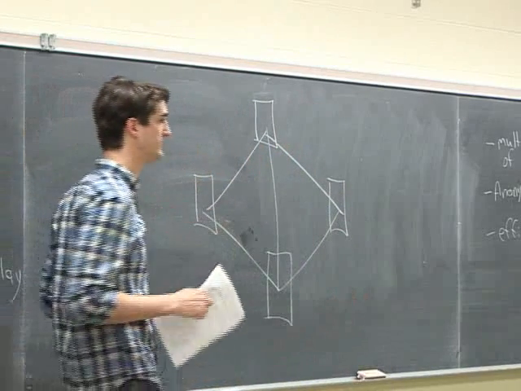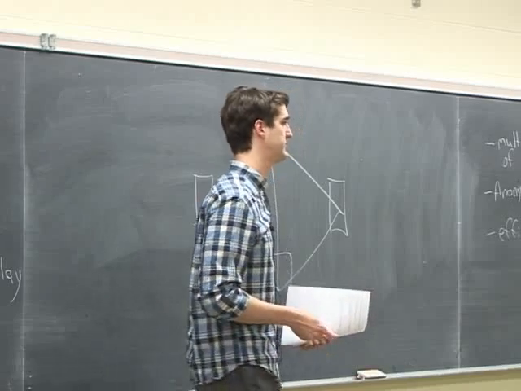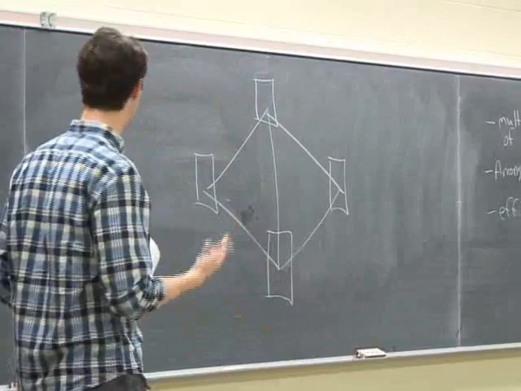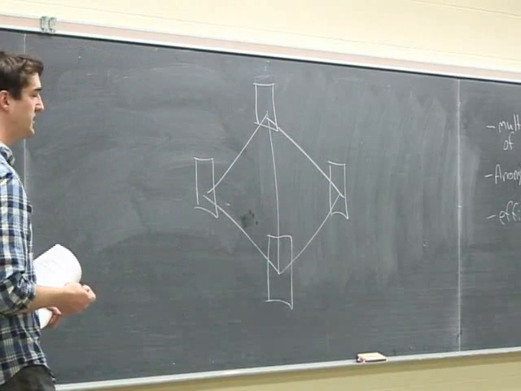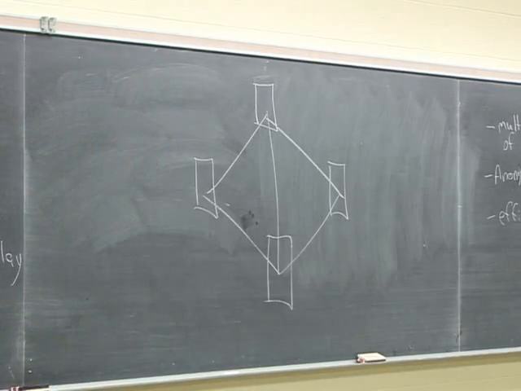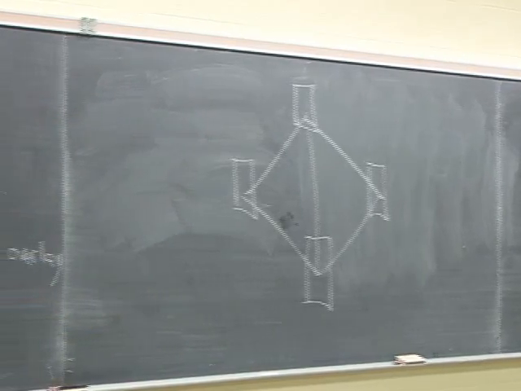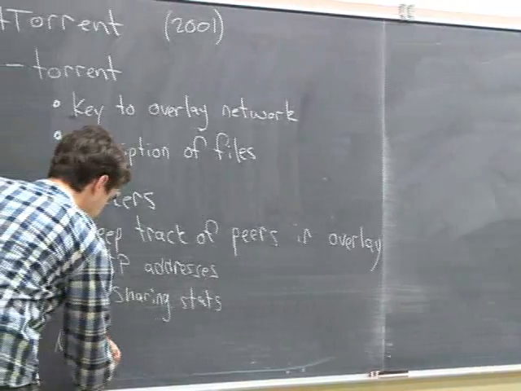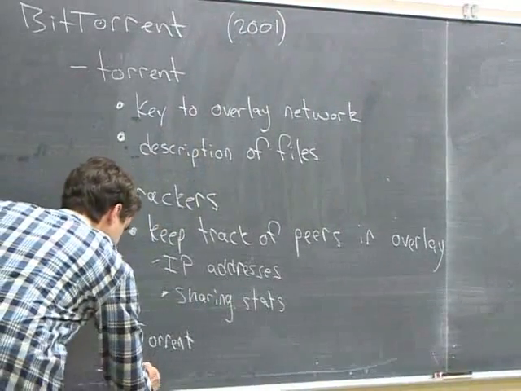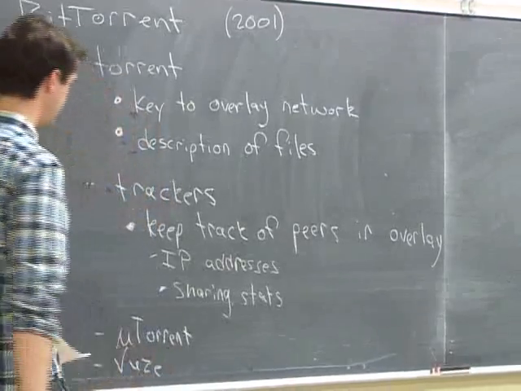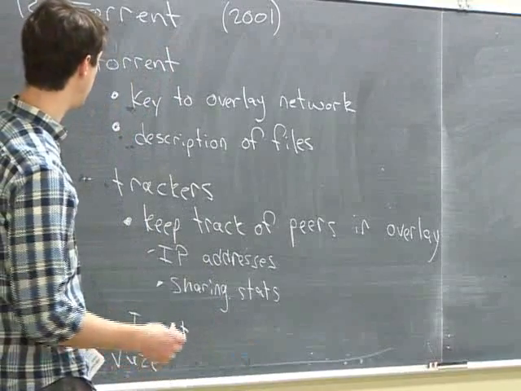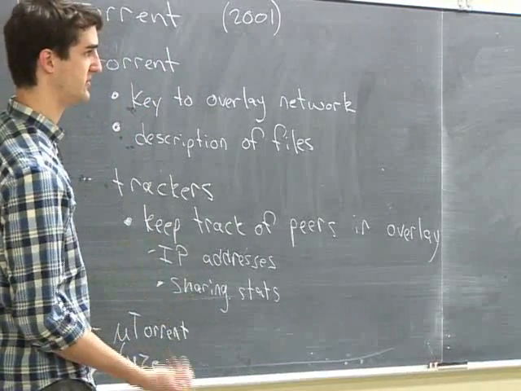Okay. Question? Just wondering if uTorrent and BitTorrent are pretty much the same idea. Okay, so uTorrent implements the BitTorrent protocol. Other clients, like Vuze, which I think was called Azureus, are just implementations of the BitTorrent protocol, okay?